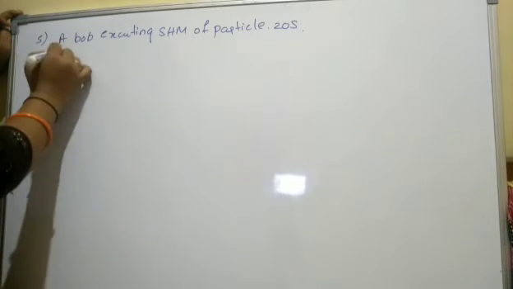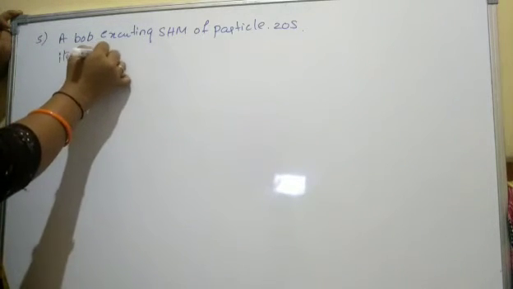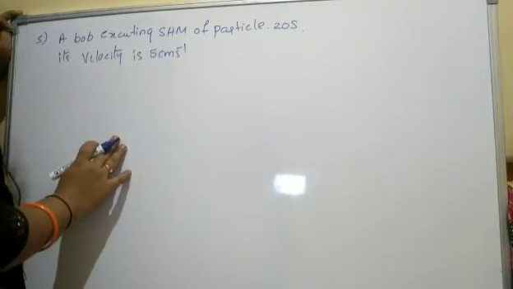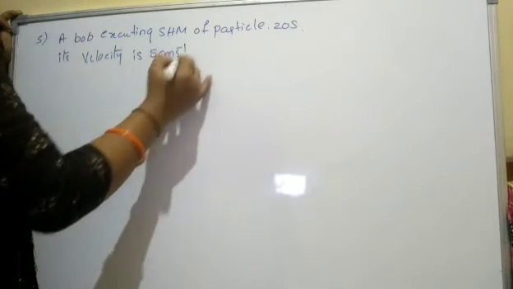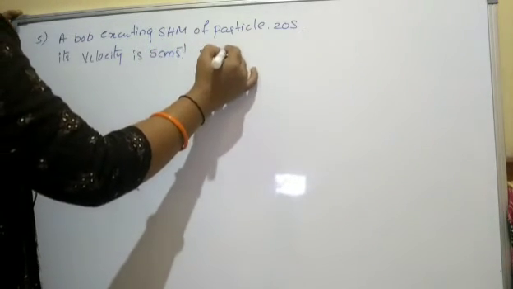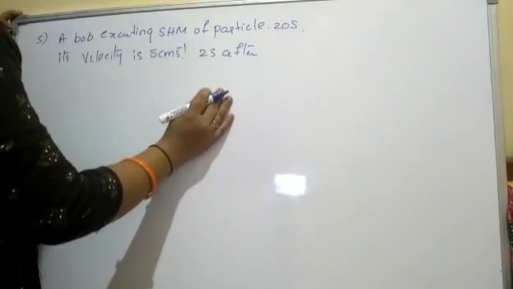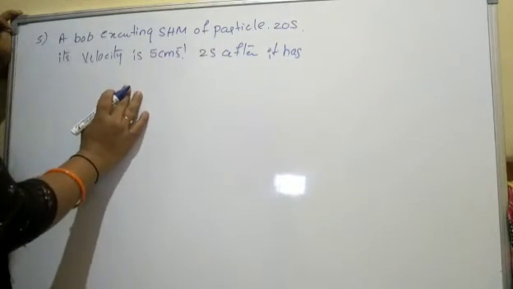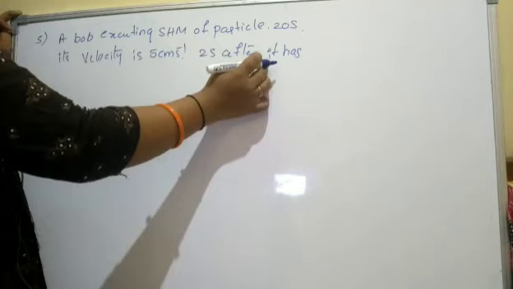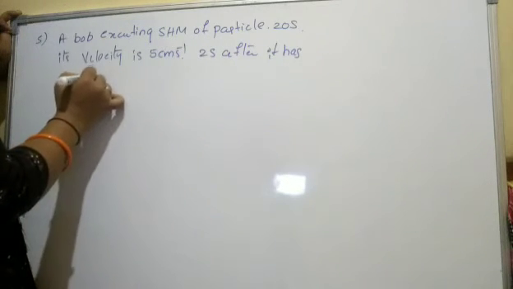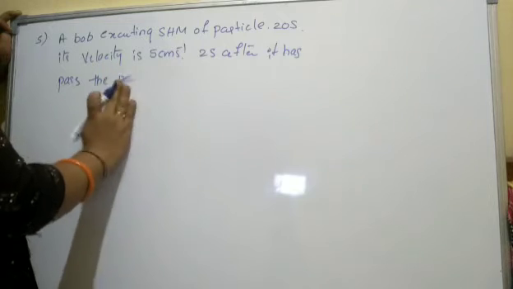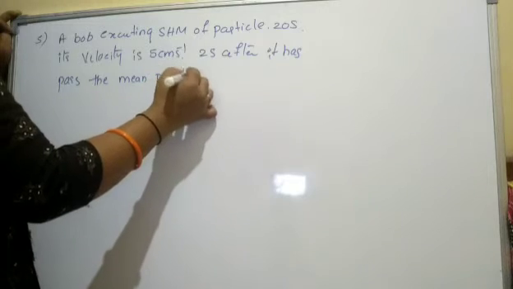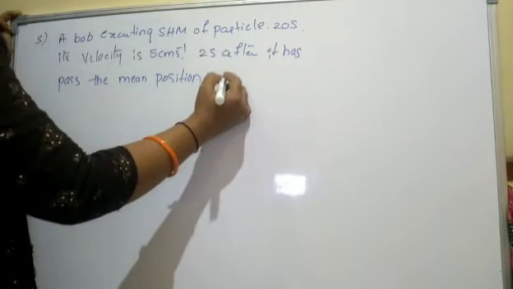Its velocity is 5 centimeter per second, 2 seconds after it has passed the mean position. Find the amplitude of the bob.